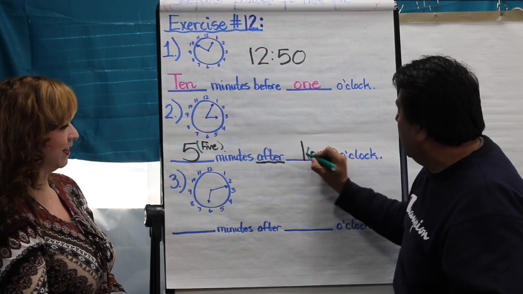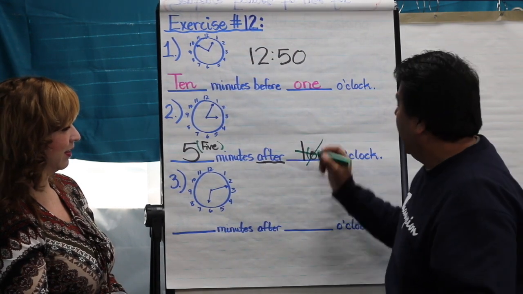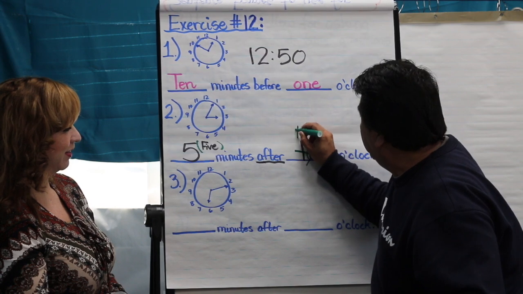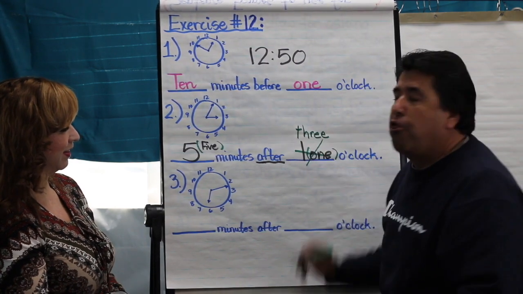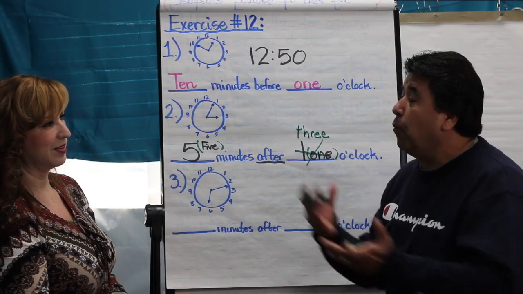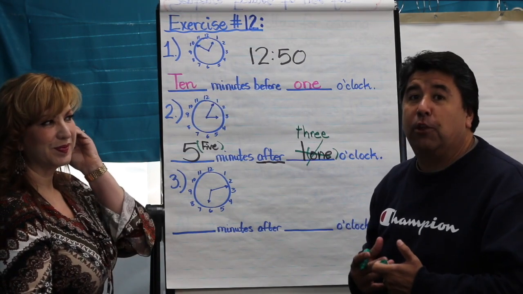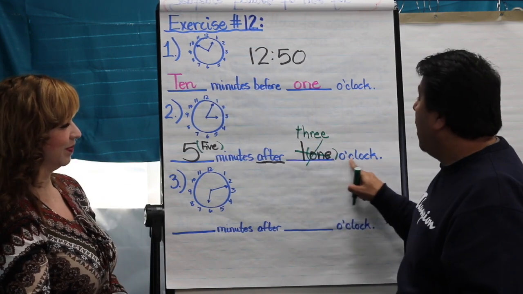So what I'm going to do is I'm going to make a big X and I'm going to write 3. Remember, we mentioned to practice writing the word, okay? So this is 3 o'clock, okay?